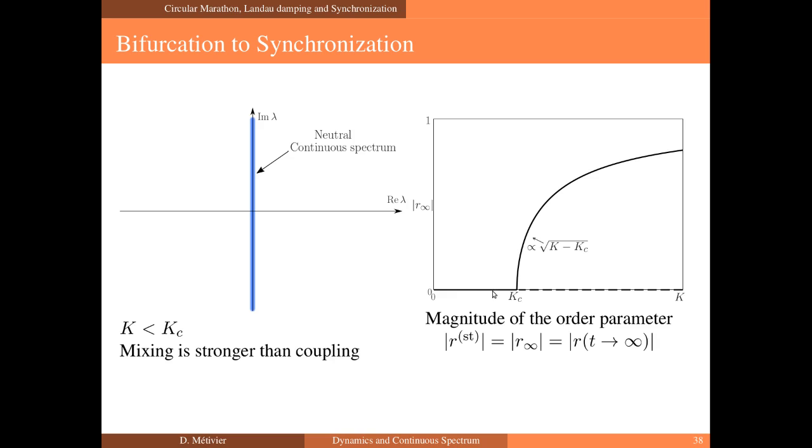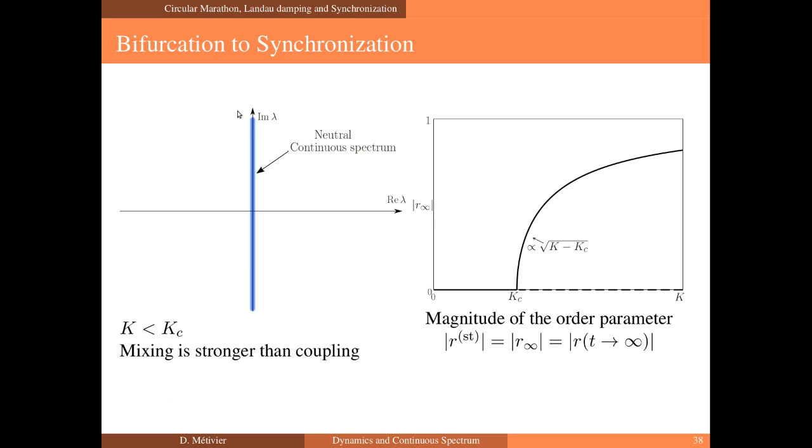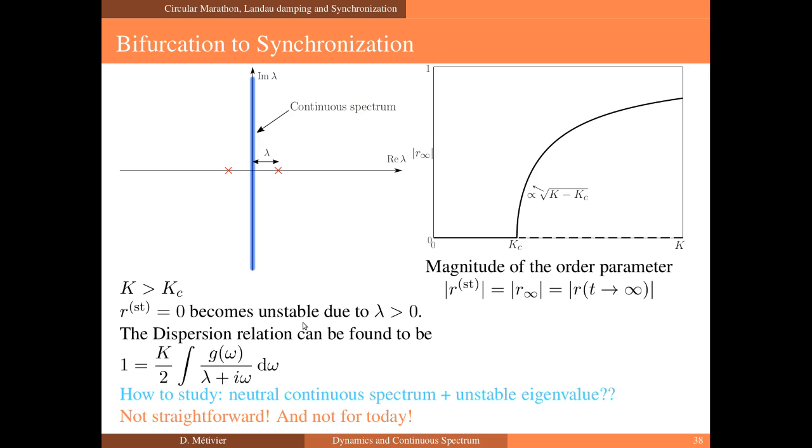And now, if I increase K, R equals 0 is no longer a stable steady state. Or neutrally stable, as we say, because as I said, it's not really stable because there is no eigenvalue here. Okay, it is neutrally stable. That's the term.